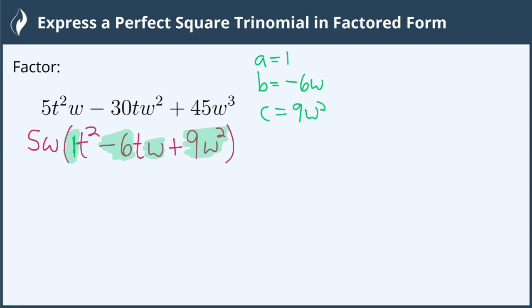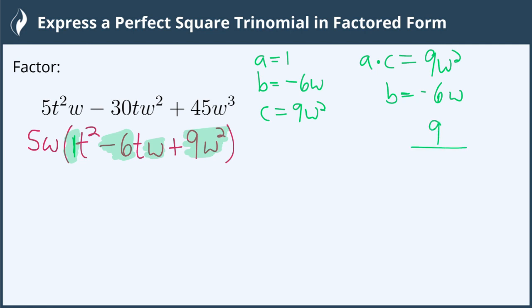So again, this looks a little weird because we have the two variables, but don't freak out. It's okay. Because when we do our a times c, we're still multiplying our values. 1 times 9w squared gives me 9w squared. Our b is negative 6w. Now, we're going to treat this as if it were a 9 and a negative 6 for a moment.